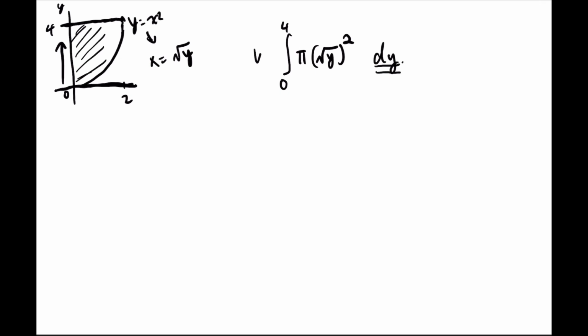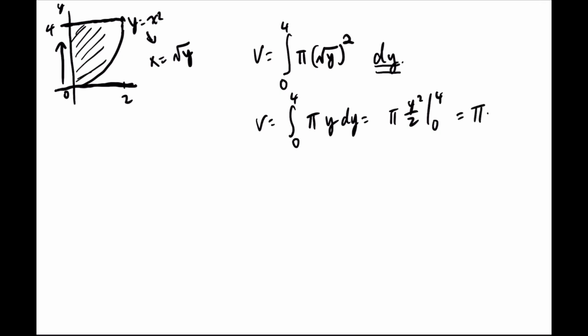So this would be our overall volume, and we can just resolve this integral easily with reverse power rule again. Integral from 0 to 4 of pi y dy, which would be pi y squared over 2, evaluated from 0 to 4, which is pi times 16 over 2 is 8.